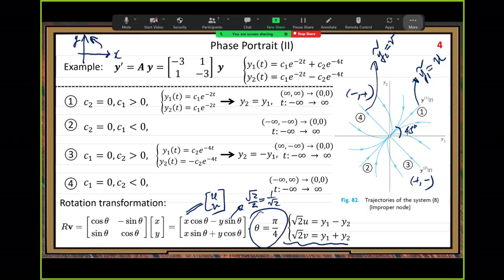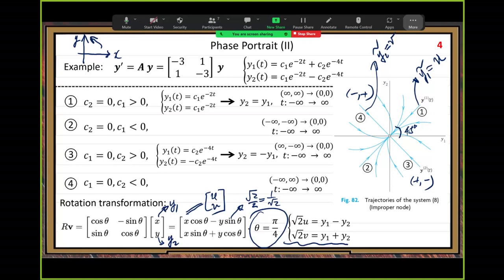Again, a little confusing. The original formula has y1, y2. Let me explain again. When we look at the rotation formula, this x position corresponds to our y1 and this y position corresponds to our y2. That's before rotation.